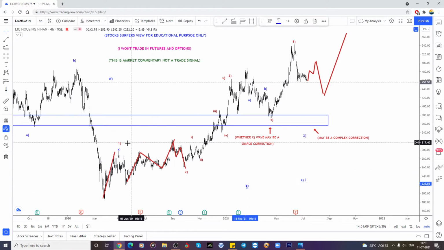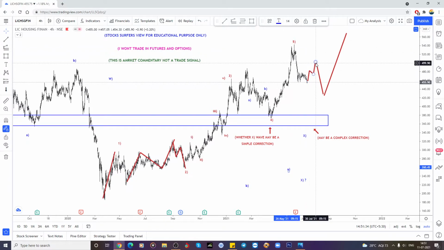So this A, forget about this. 1, 2, 3. Here it's a fourth and fifth wave. So that means the 5-wave structure is already completed, and we are expecting and marking this as a B, C is a W, X, A. So until here it is exactly what we expected, it did in the market.